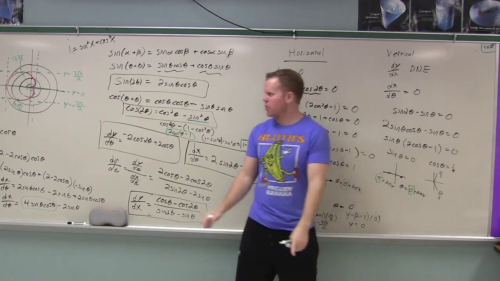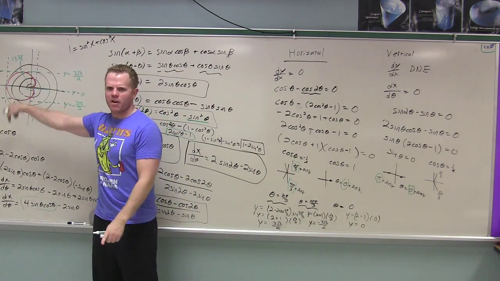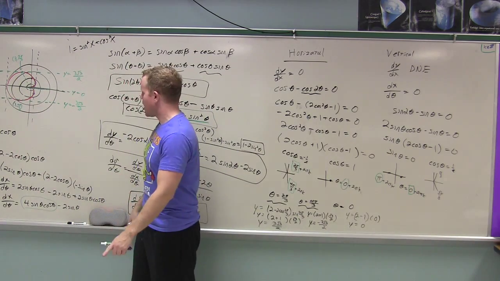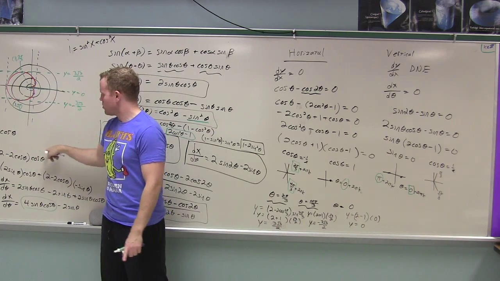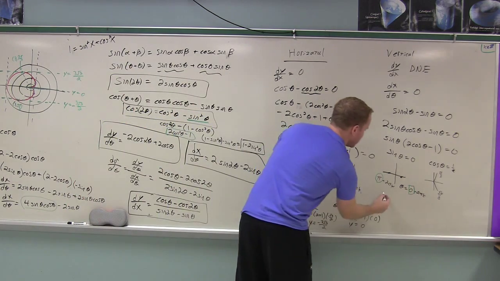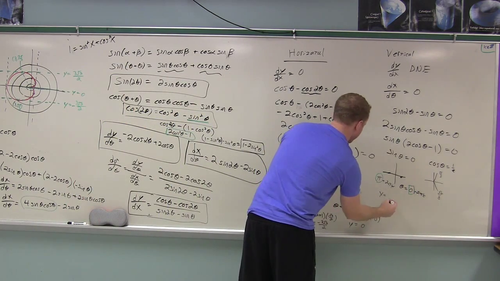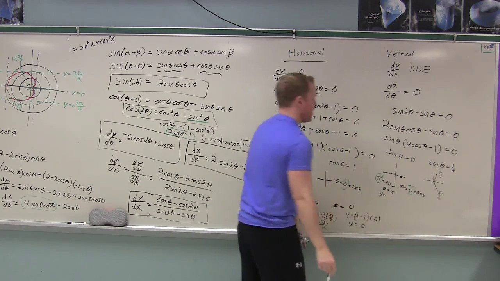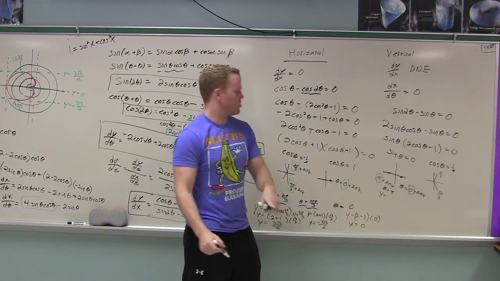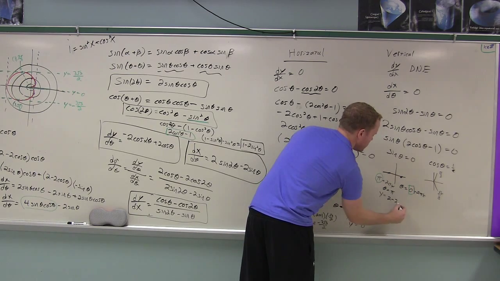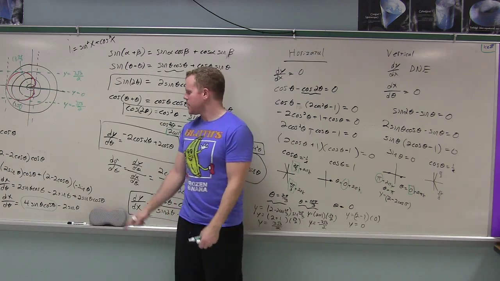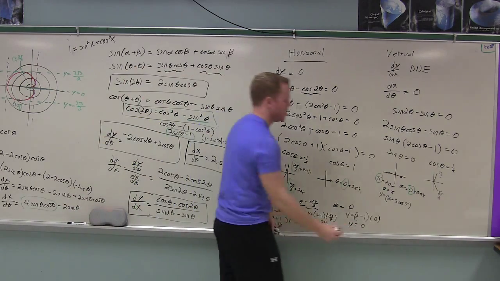In this case, for vertical tangent lines, we only care about their x coordinate. So let's just find x, and x is r cosine theta. When theta is pi, x should just be 2 minus 2 cosine pi, times cosine of pi.